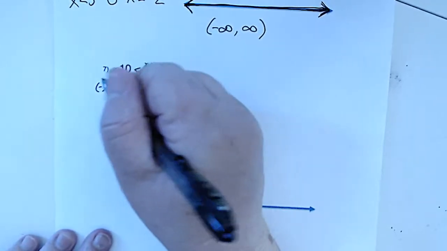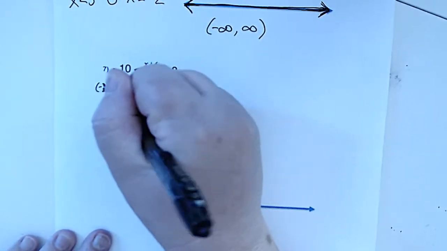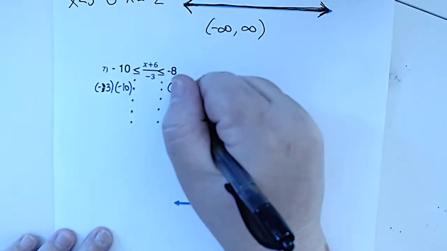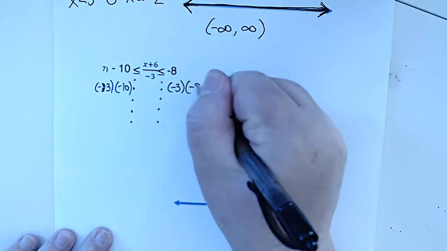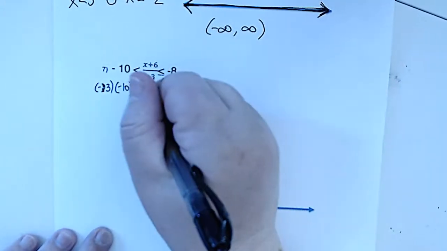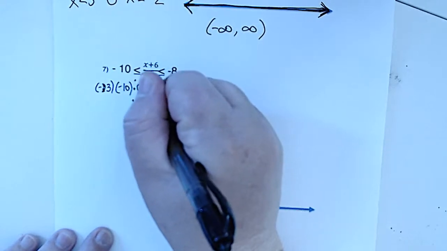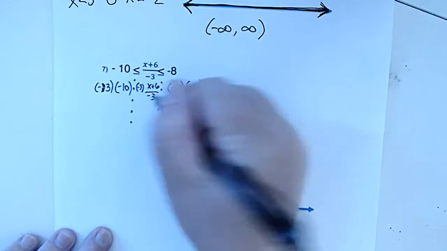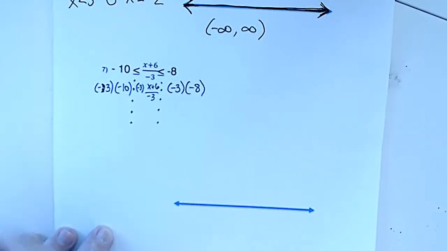-3 times -10. Sorry, my brain was just going to multiply by a negative. Over here, -3 times -8. And right now, I love myself so much for having given myself almost no space to do this. Okay, so everybody gets a -3.